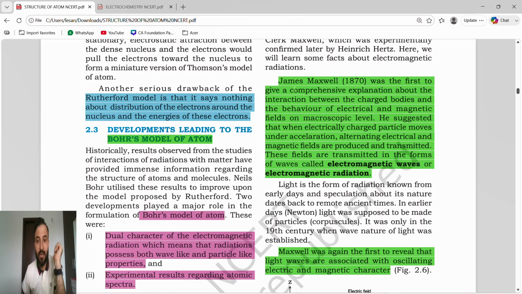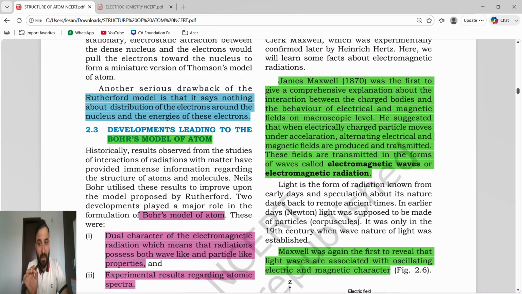We studied previously that an electric field will be there and then a magnetic field will be there. We know that the electric field and magnetic field are perpendicular to each other. Correct? Both are present, perpendicular to each other.